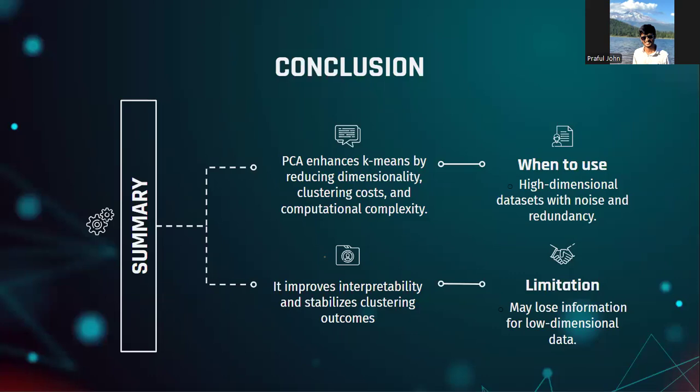However, it was noted that PCA may lose valuable information when applied to low dimensional data. So it did not show a good result for the Oregon graph dataset, which is a smaller dataset with low dimensions. This is one thing that the author noted and duly wrote in the survey paper.